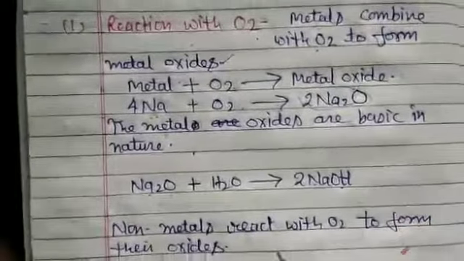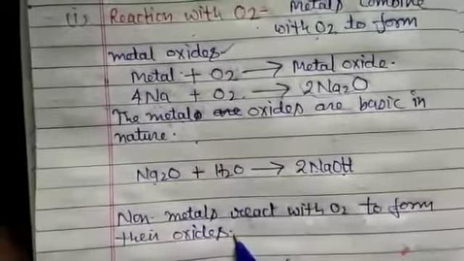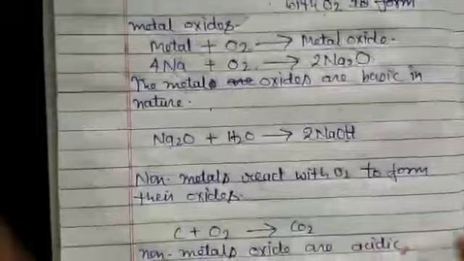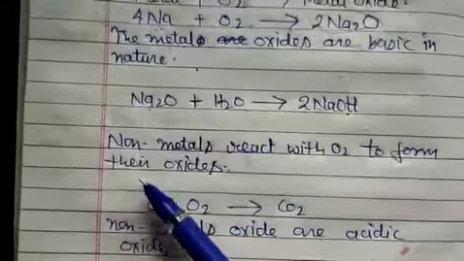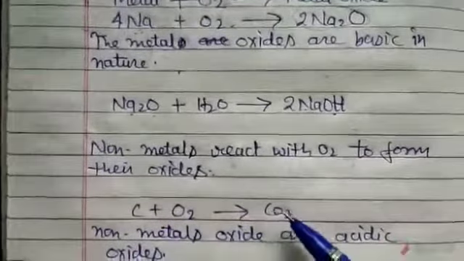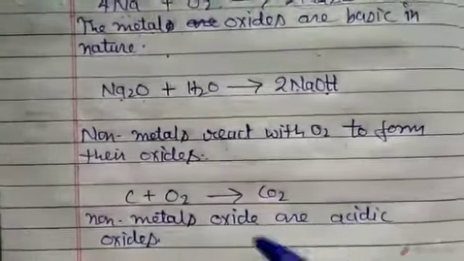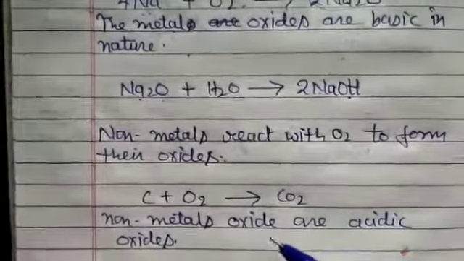Now non-metals react with oxygen to form their oxides also. The non-metals also react with oxygen to form oxides. It means carbon plus oxygen gives CO2. And non-metal oxides are acidic in nature, that is, non-metal oxides are acidic oxides.